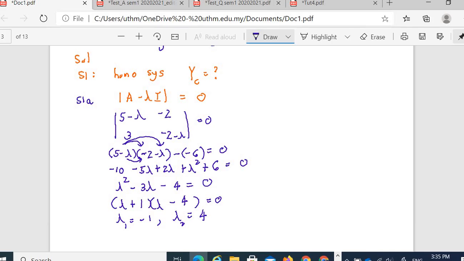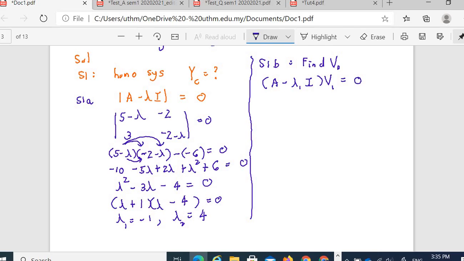After you get the eigenvalue, 1B, find your first eigenvector V1. To find V1, you substitute A minus lambda 1 I times V1 equal to 0.